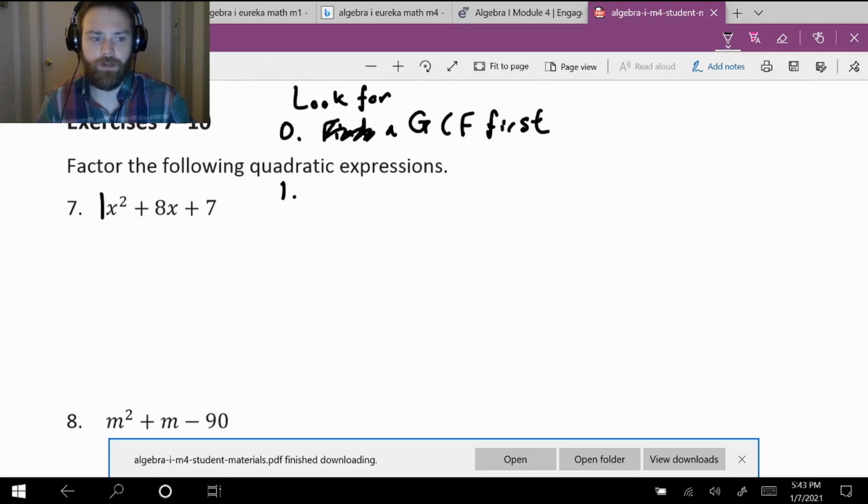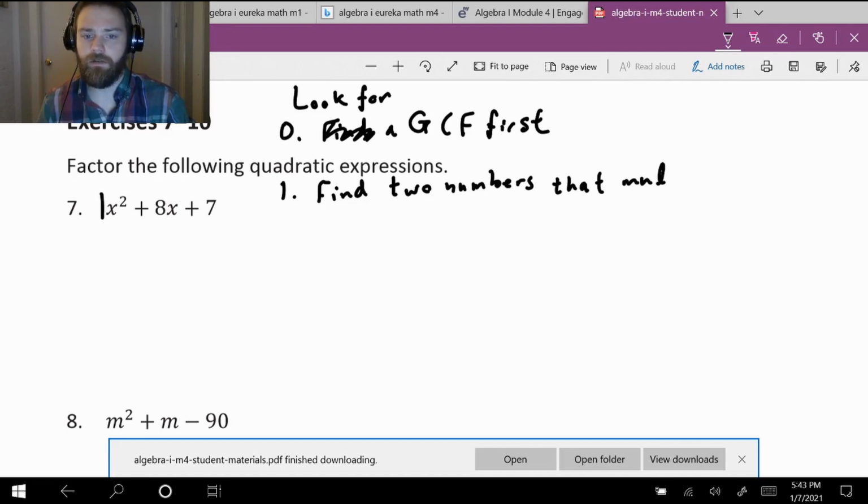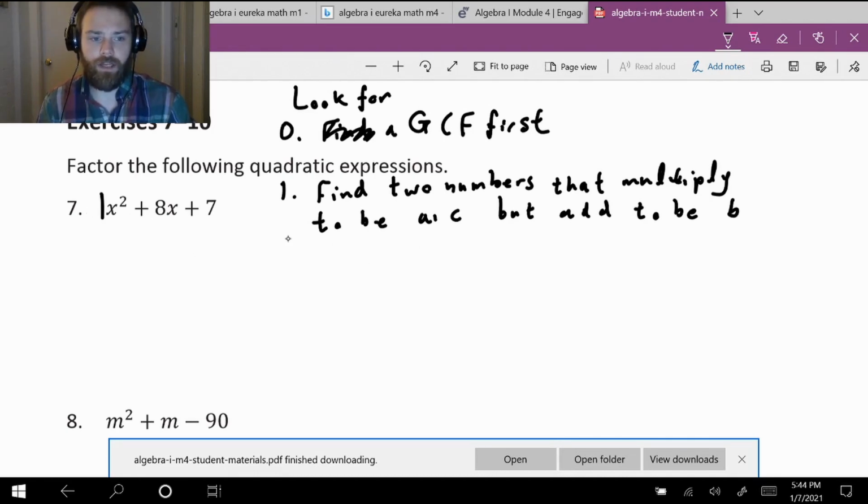So after we look for a GCF, the next thing we're going to do is find two numbers that multiply to be a times c, but add to be b. Okay, so if you take a look over here, I've got a times c, which is 1 times 7. So a equals 1, b equals 8, and c equals 7.